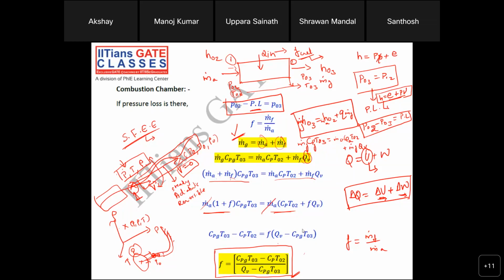Okay, so does anybody have any question? We can take 1 or 2 numericals based on this particular formula. But does anybody have a question so far?